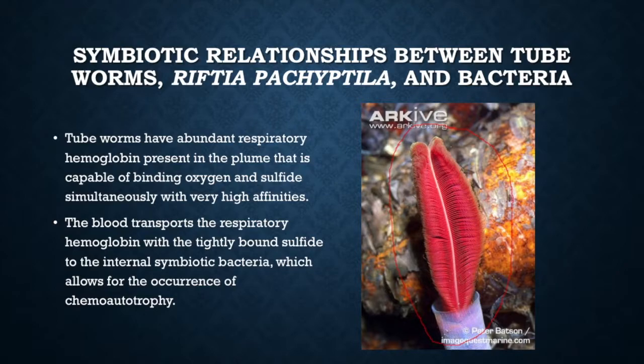The reason that they're so red is the hemoglobin that's found in them, which binds very readily to oxygen and the sulfide that's very present in the water surrounding them. So this blood transports these respiratory hemoglobins and the sulfide, and it takes them right to the symbiotic bacteria, which allows for the occurrence of chemoautotrophy, or chemosynthesis.